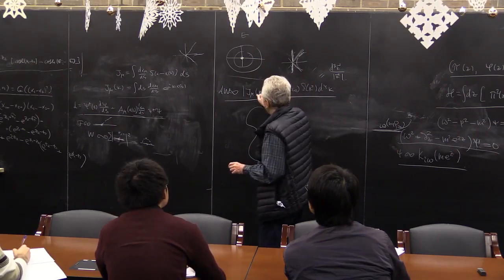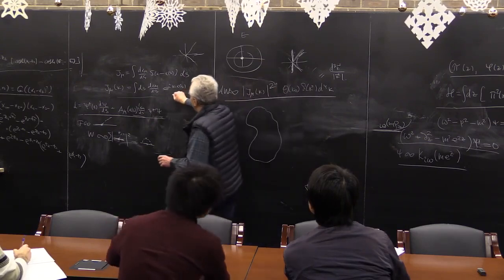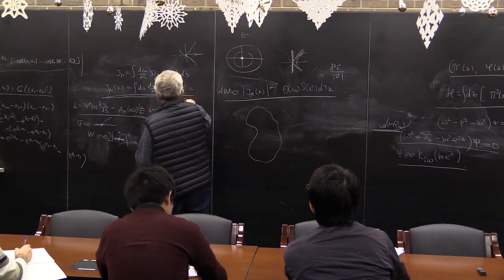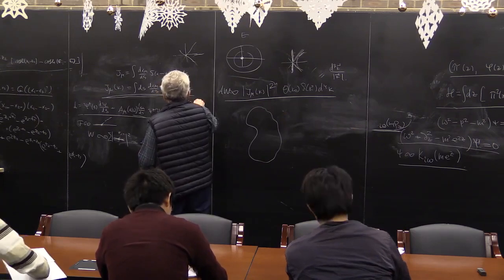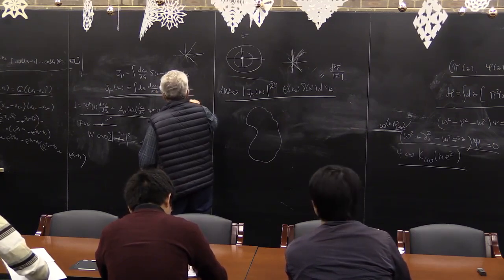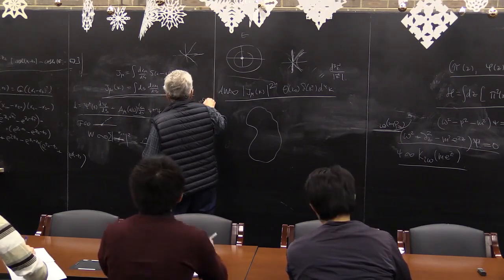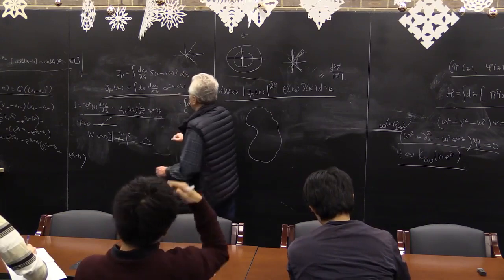j mu of k is this integral along the contour. So we can write it down as the integral over ds, dx mu, e to the ikx, and the integral over the contour.